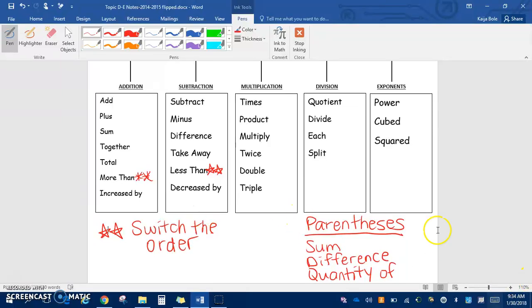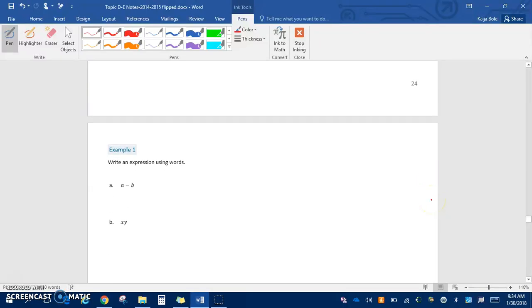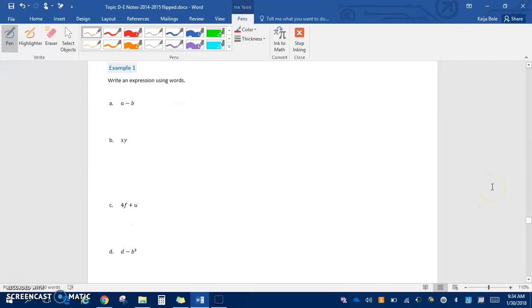Alright, so now that we have all these down, we can use them to fill in our notes here. And we're going to write an expression using words. So first we see on the paper a minus b. So we could just write simply a minus b.